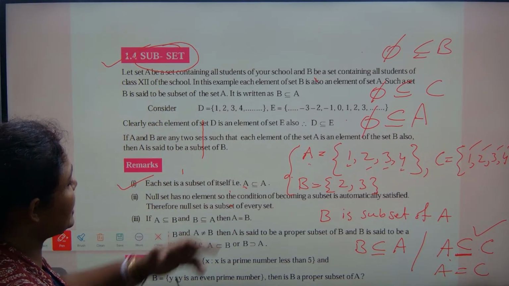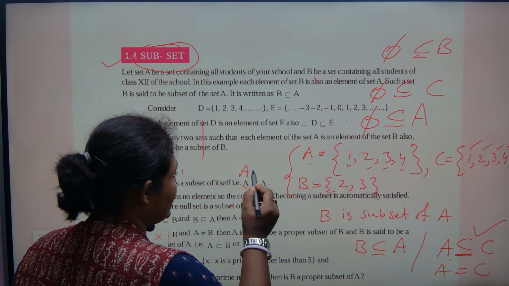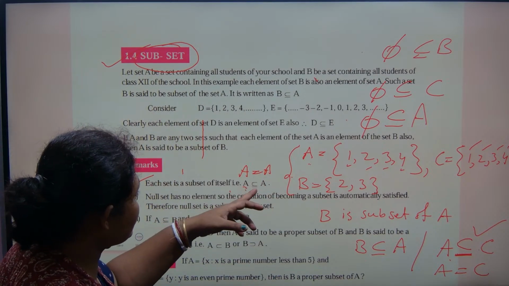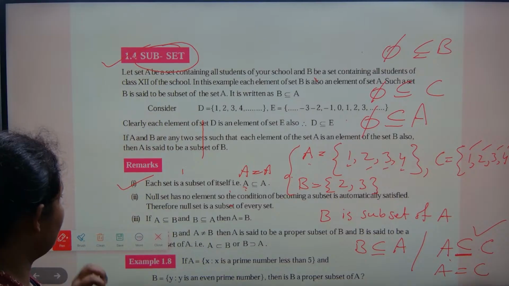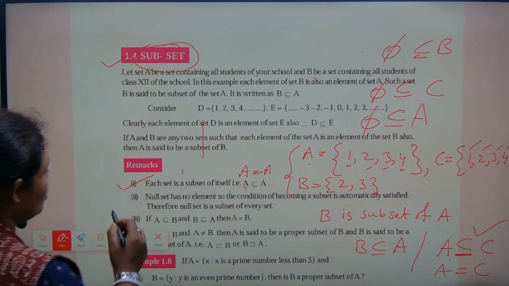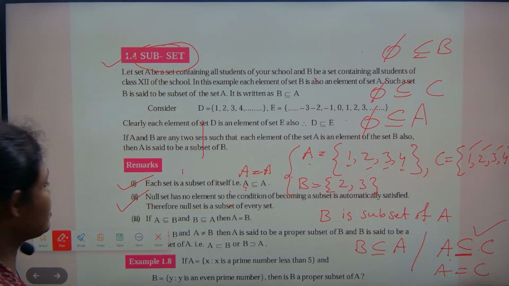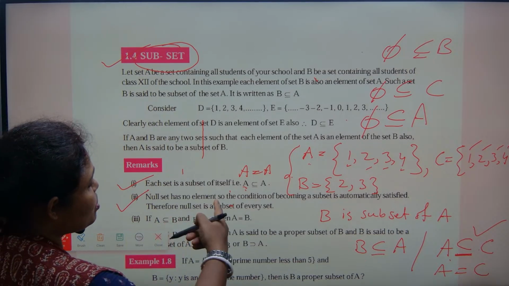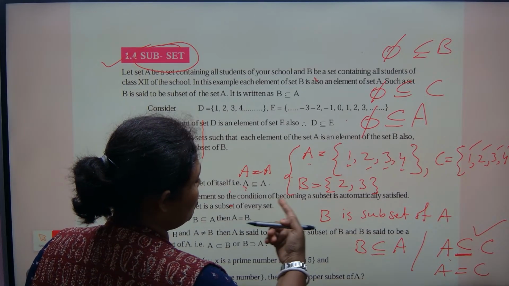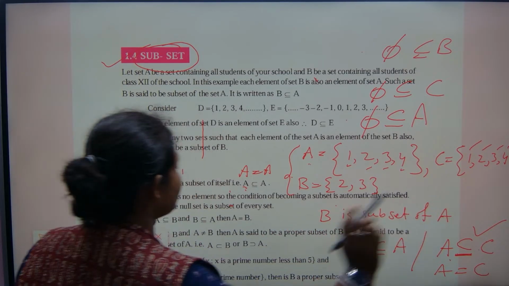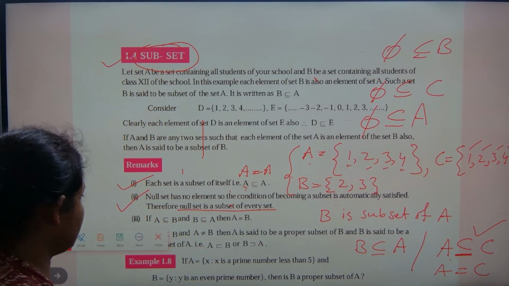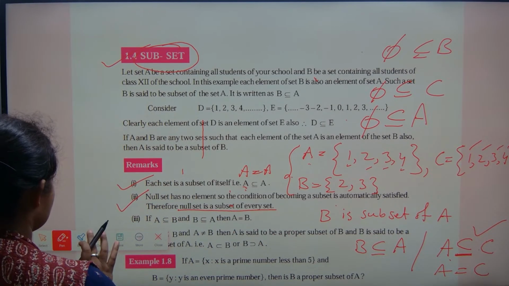In a similar manner, A equals A, then we can say A is a subset of A, right? So the second point we have already done. The null set has no element, so the condition of becoming a subset is automatically satisfied. So the null set is a subset of every set. You have to remember this thing also.